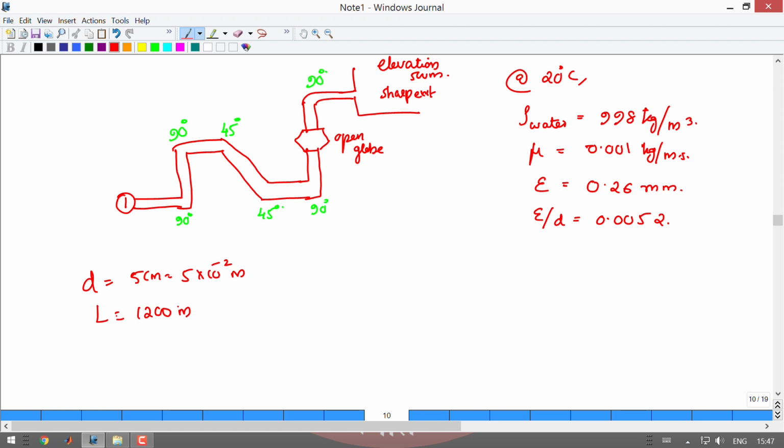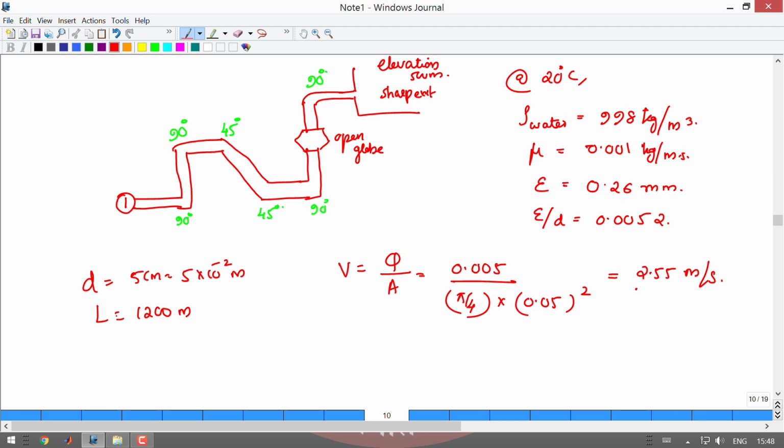If we know the flow rate, we can calculate the velocity, and from that the Reynolds number. Velocity V equals flow rate divided by area. The flow rate is 0.005 divided by area equal to pi by 4 d square, with d equal to 0.05. So, velocity will be equal to 2.55 meter per second, and from that we can calculate the Reynolds number.